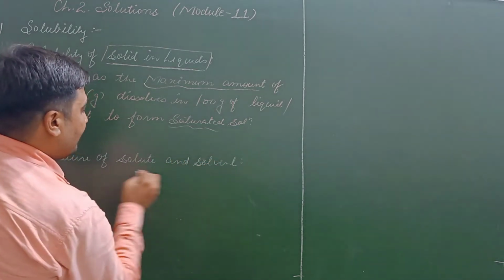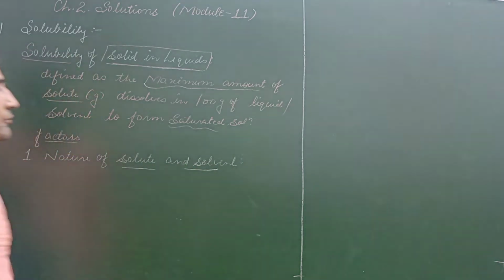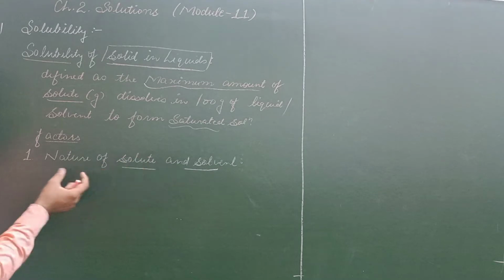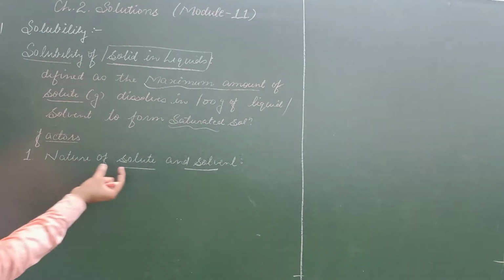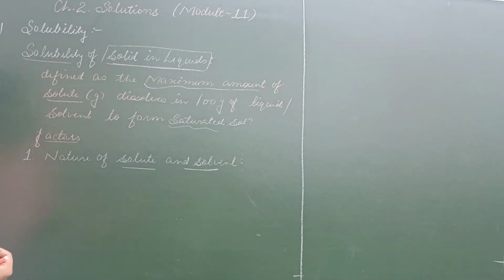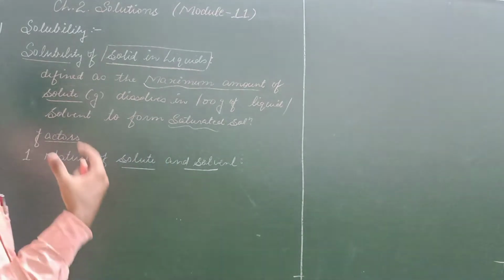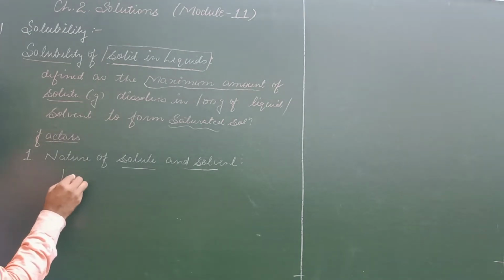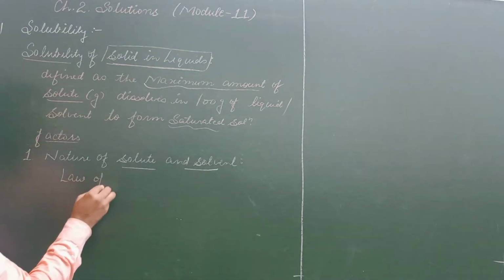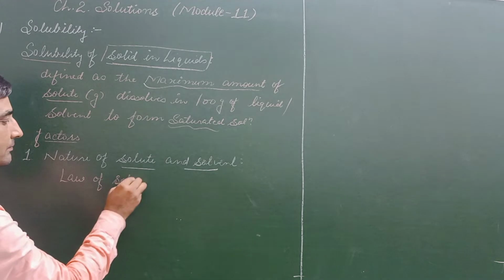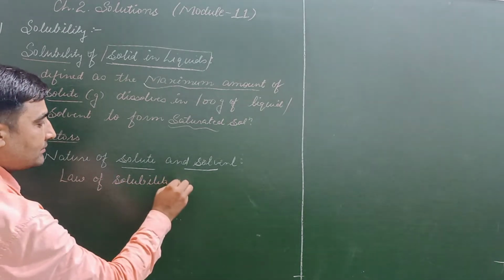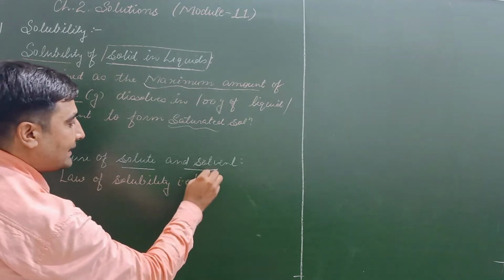When we are talking about the nature of solute and solvent, the nature means what kind of solute we choose, and in what kind of solvent it must be dissolved. There is a law of solubility, that is, like dissolves like.